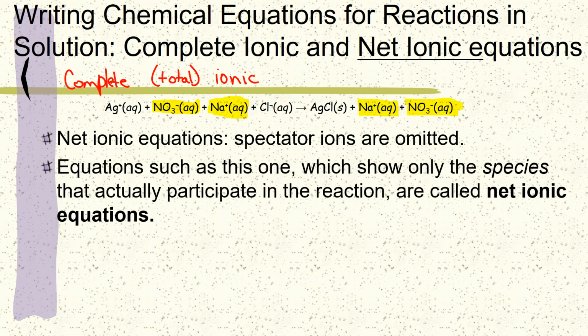When we're looking at this one, we're only looking for the species that participate, and that's the net ionic. So what do you predict the net ionic will be? What are the things that are participating?